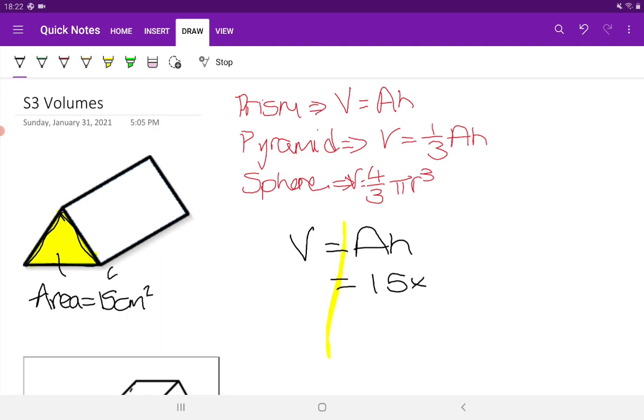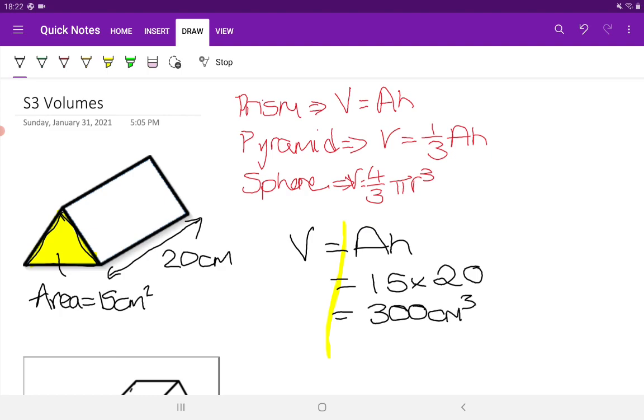And then the height is this distance here, or sometimes we might think about that as the length, depending on what way up the prism's sitting. So I'm going to tell you that that height there is 20 centimetres. So to get the volume, we're doing the area times the height, so we're just doing 15 times 20, and we'll get our answer, which will be 300, and we'll put in our units, remember, so cubic centimetres.